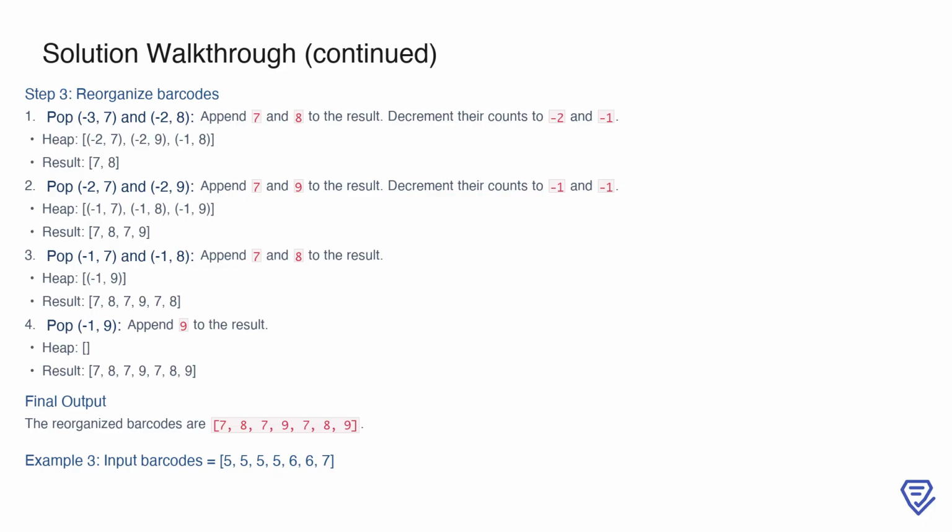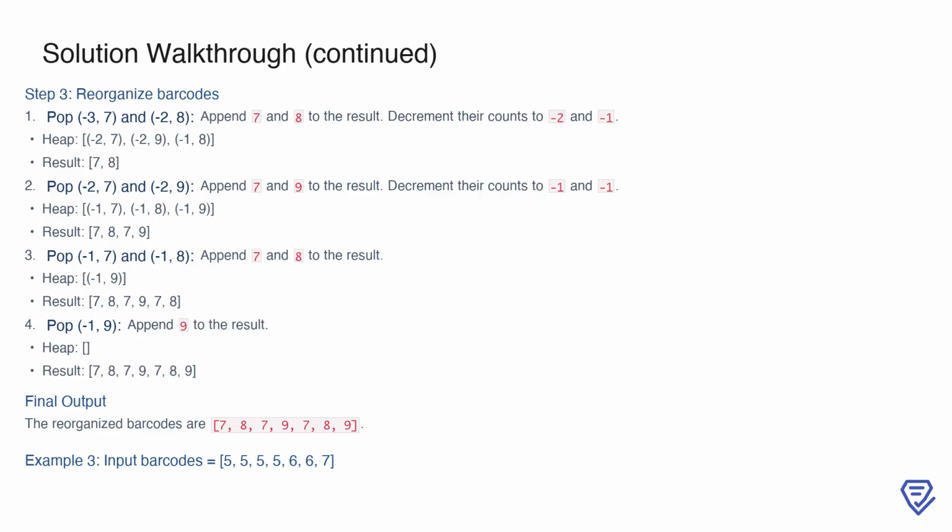In the second iteration, we pop (-2, 7) and (-2, 9), corresponding to barcodes 7 and 9. These are appended to the result array, and their counts are decremented to -1 and -1. They are pushed back into the heap, which now contains (-1, 7), (-1, 8), and (-1, 9). The result array becomes 7, 8, 7, 9.